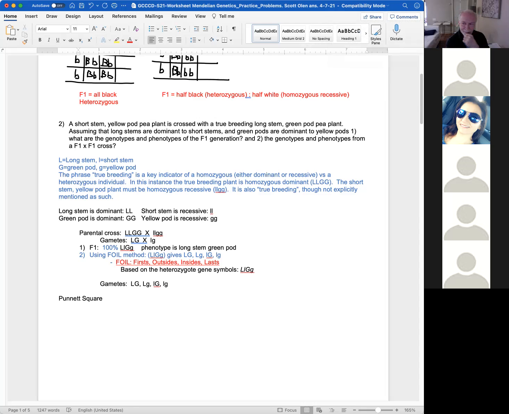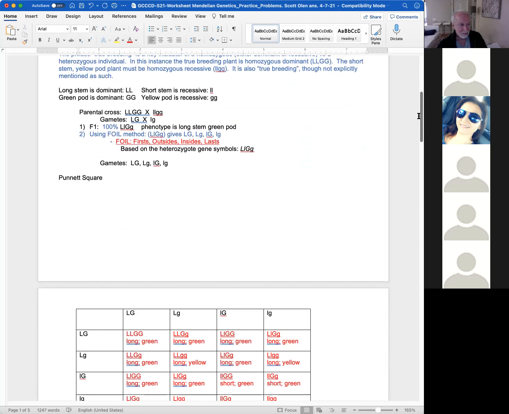And if we look at the second parent, because it's little l, little g, the only gametes it can produce will have one little g, one little l. So this next line says gametes: big L, big G from the first parent, little l, little g from the second parent. And those are what we use in our dihybrid cross.